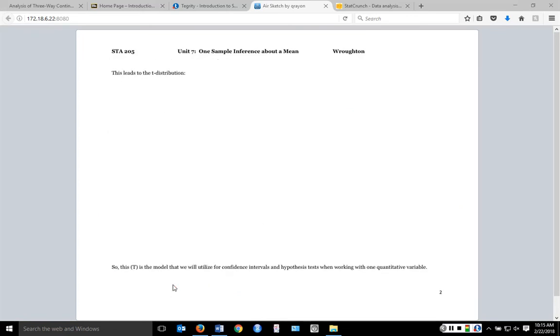So let's talk about what the T distribution looks like, and we're going to start by drawing our Z picture first. So let's draw our Z here. My Z is going to be in black. So this will be my Z. Remember something we've learned from before, Z is always centered at 0, since the mean is 0 standard deviations from the mean.